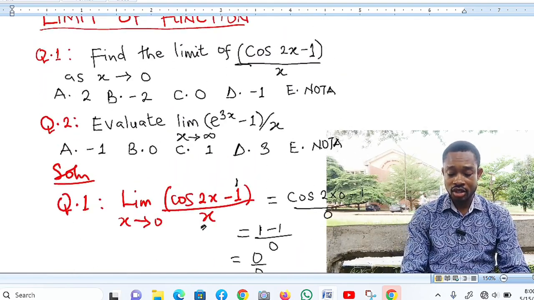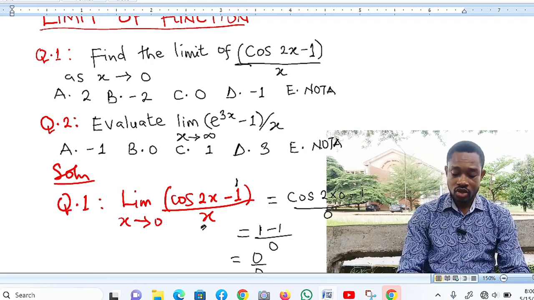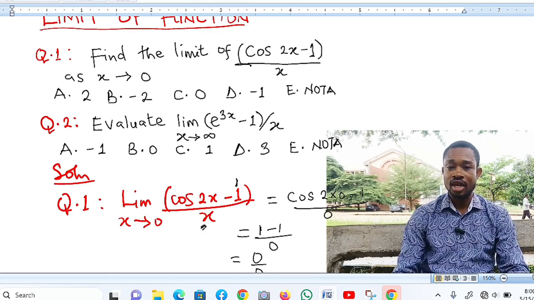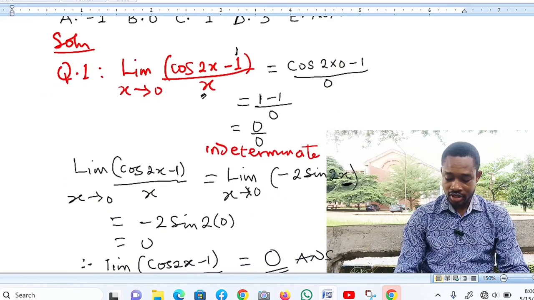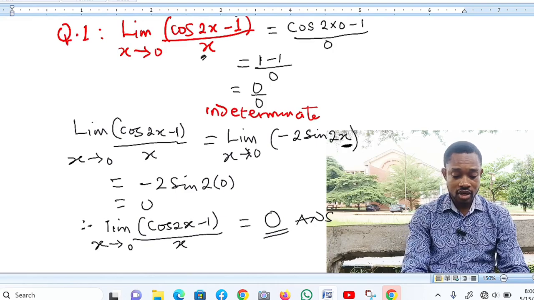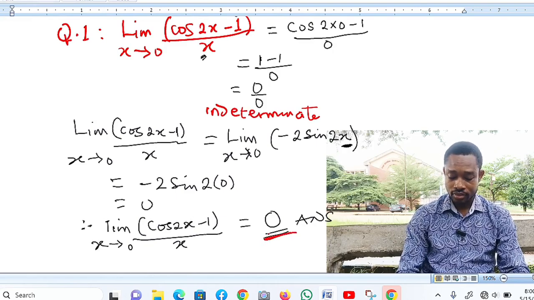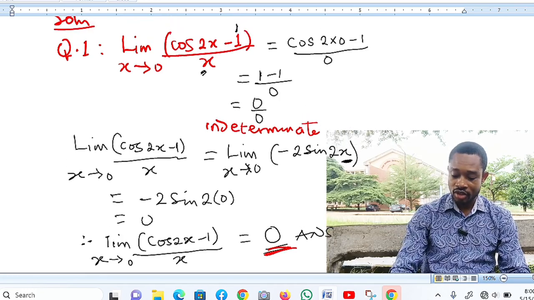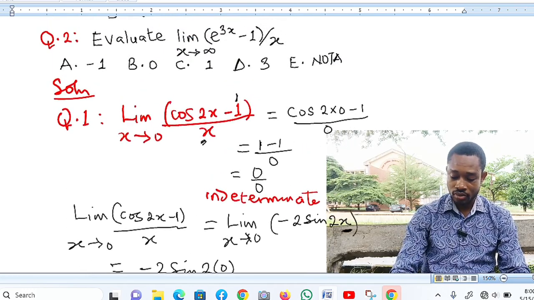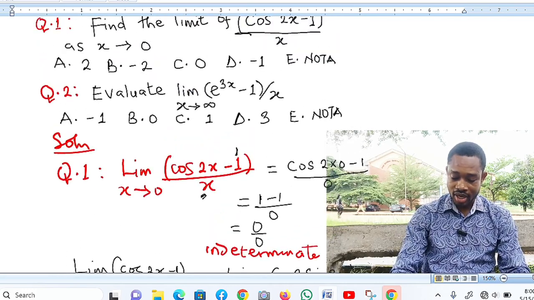So look at the question that we solved. Cos 2x minus 1 all over x as x tends towards 0. Having been solved, the result we obtained is 0. You can see the result here. So one can go back to the question given to us, look at the options, and select what the correct answer is.